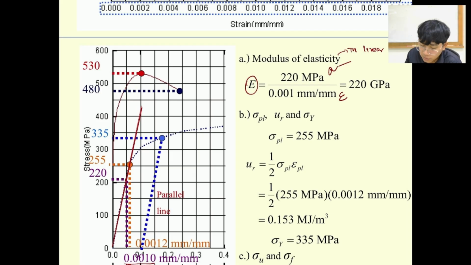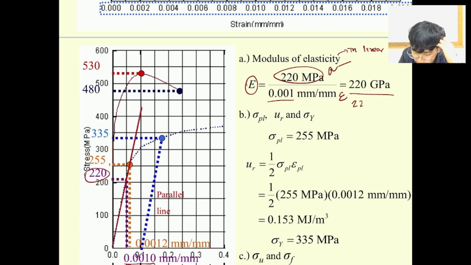It's going to provide you the same number, which means I choose 0.01, and then it has the stress equal to 220 over here, and then I have E equal to 200 times 10 to the 3 megapascal or 220 gigapascal.